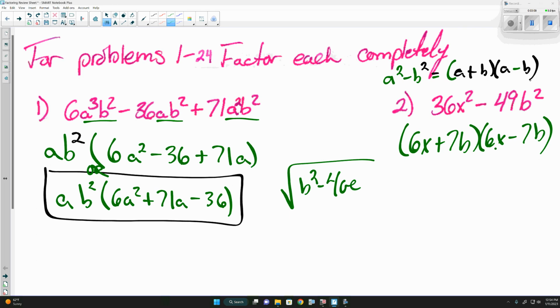Because what times itself is 36x squared? 6x and 6x. 49b squared would be 7b and 7b. They're perfect squares, so it follows that pattern. Because 6x would be our a's, 7b would be our b's. We plug it in. Questions on this here?